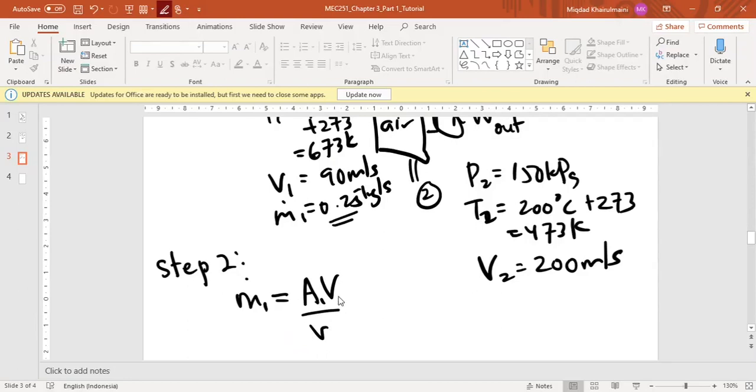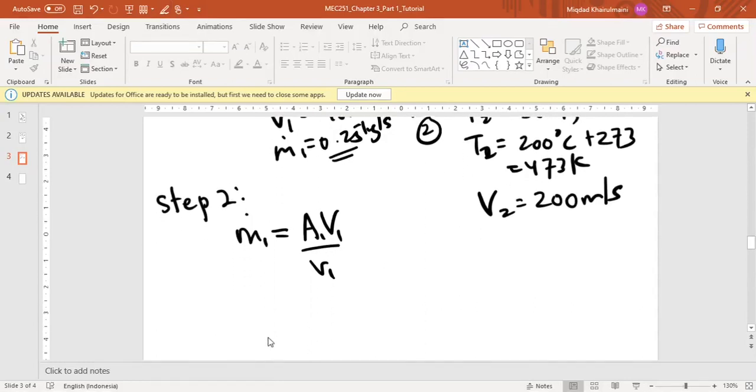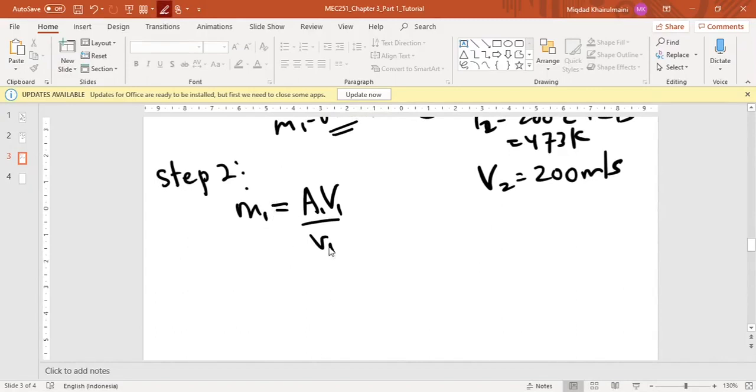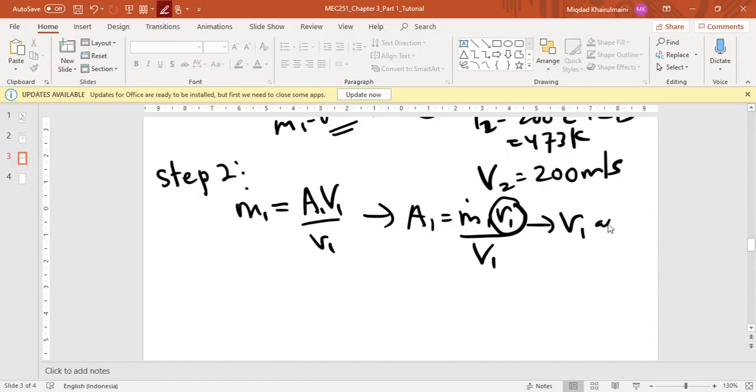Since we want the area at state 1, all of our properties have to be at state 1. So we can rearrange the equation: area 1 is equivalent to mass flow rate times the specific volume at state 1 divided by the velocity at state 1. Mass flow rate we have, velocity we have, so we have to find the specific volume at state 1.